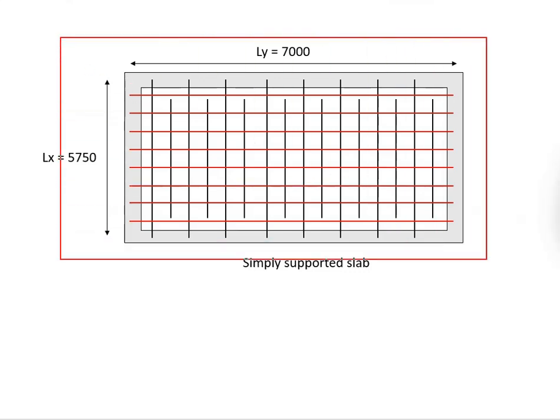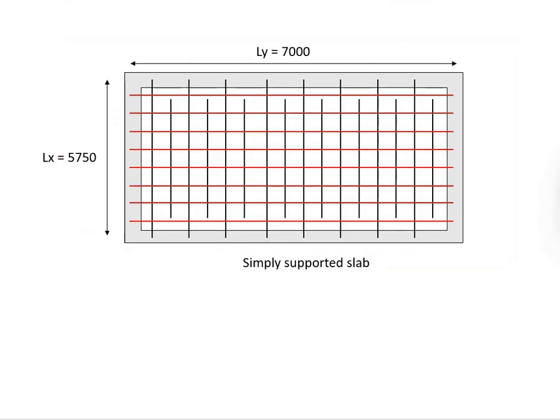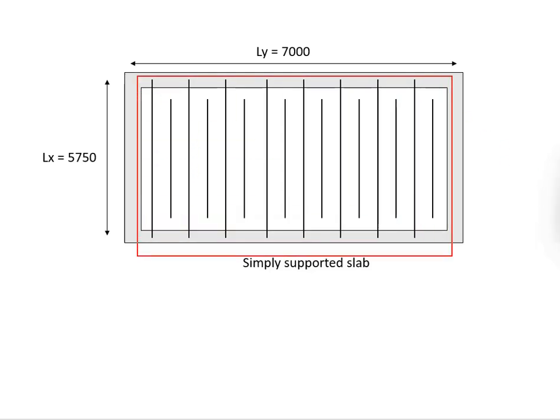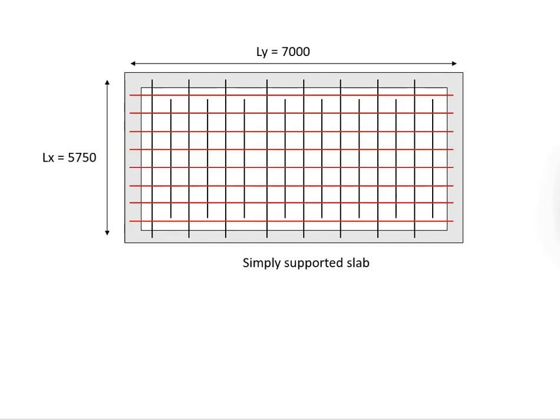This is how the reinforcement bar will look after the design. This will be the main reinforcement bar stretching along the shorter span, which is 5.75 meter. You do curtailment alternately for the reinforcement bar at the locations of 10% of the effective span, which is 575 mm, giving you the layout of reinforcement bar, something like this.